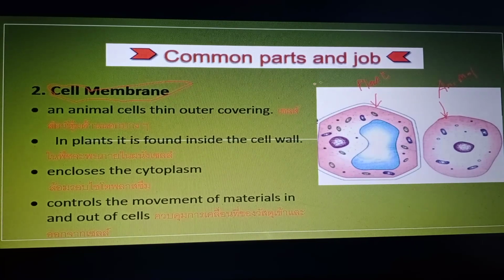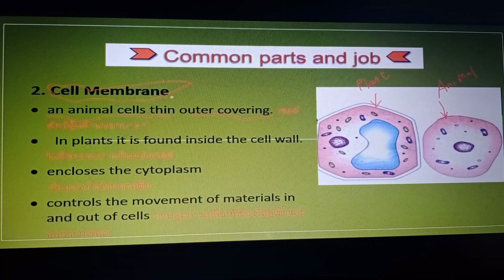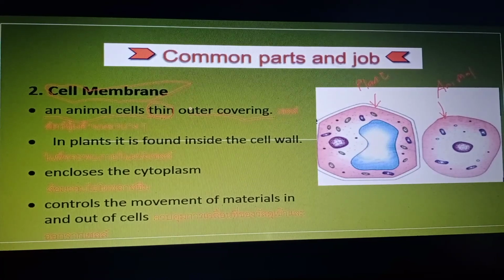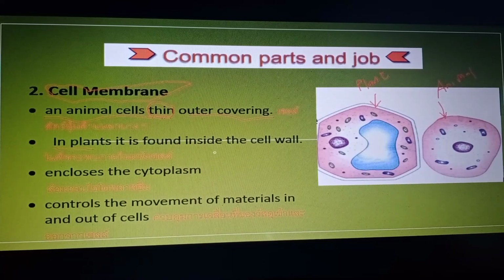Moving on. The cell membrane in animal cells is a thin outer covering. Outer, from the word out, just like outside. In plants, it is found inside the cell wall.